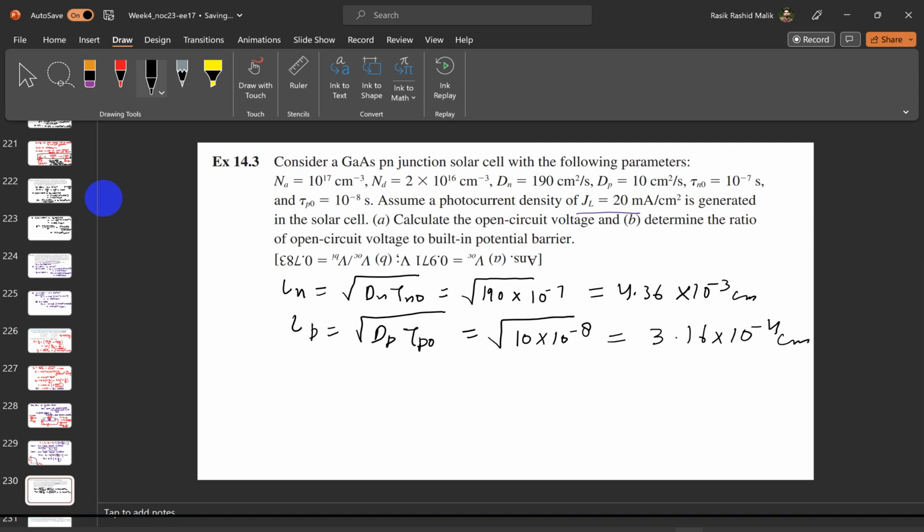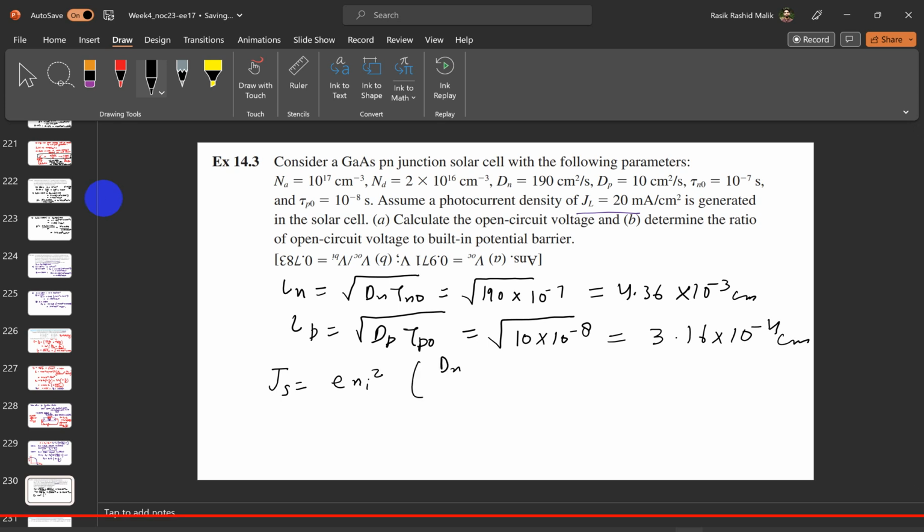So now we have Ln, we have Lp, we can calculate Js as e ni square times Dn by Ln Na plus Dp by Lp Nd.